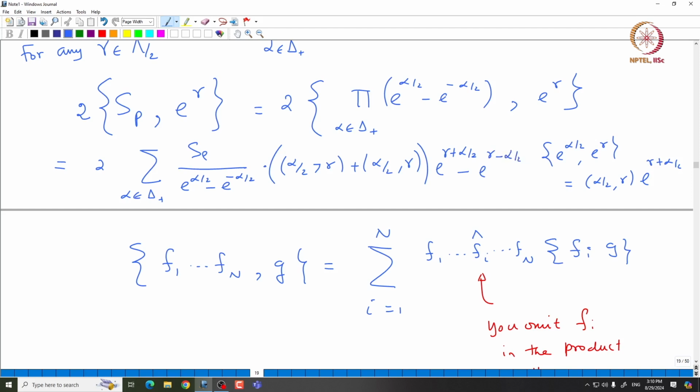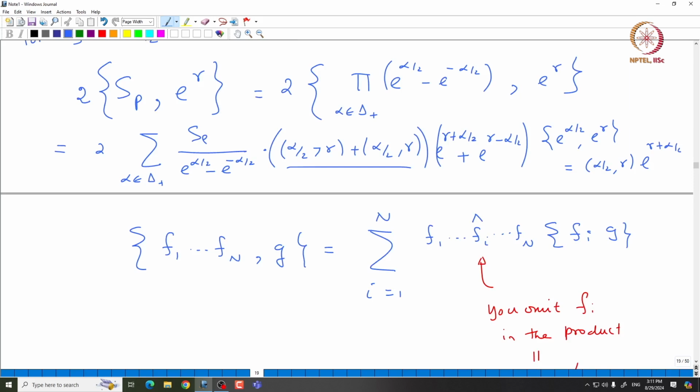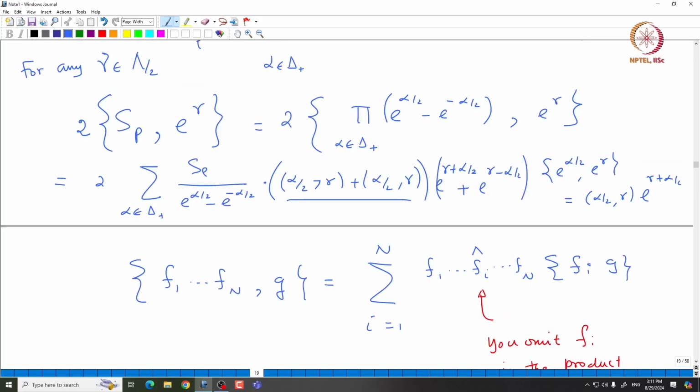So, this is the term that you get, sorry, this is plus. Now if you simplify, this is going to be twice alpha by 2 comma gamma. So that becomes gamma comma alpha. Oh, I have written wrongly.